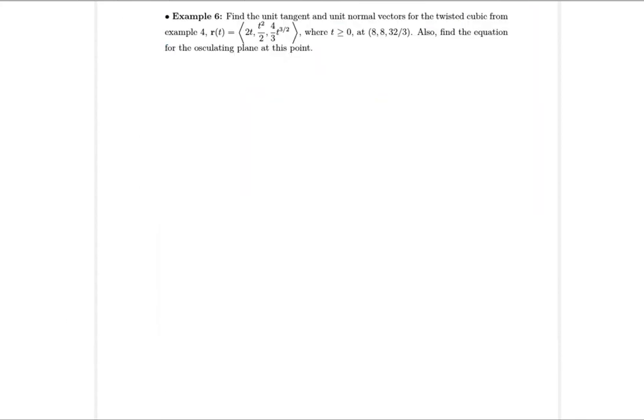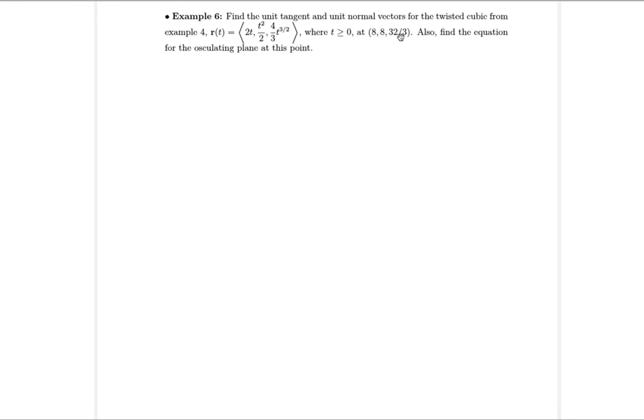So this is our work from example 4. I'm going to cheat a little bit on this. I want to find the unit tangent and the unit normal vectors for the curve that we refer to as a twisted cubic at the point (8, 8, 32/3).